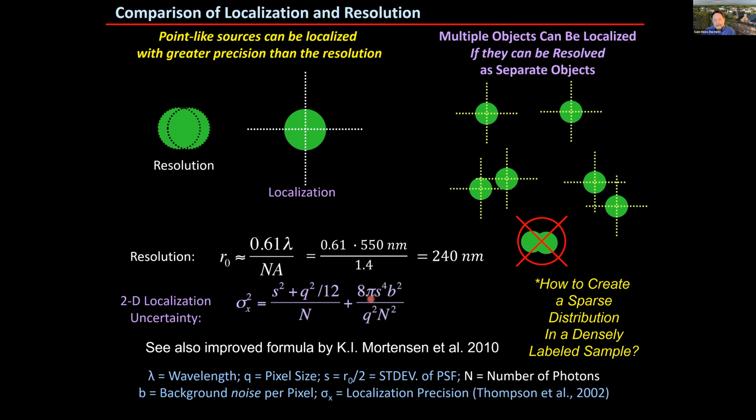And so if we consider the diffraction limited resolution of about 240 nanometers, and we work on reducing background and making the pixel size appropriate for the camera, we can get this error to reduce to the standard deviation of the point spread function over the square root of the number of detected photons, where this number of detected photons could be close to 1,000, which would give localization precision of a few nanometers.